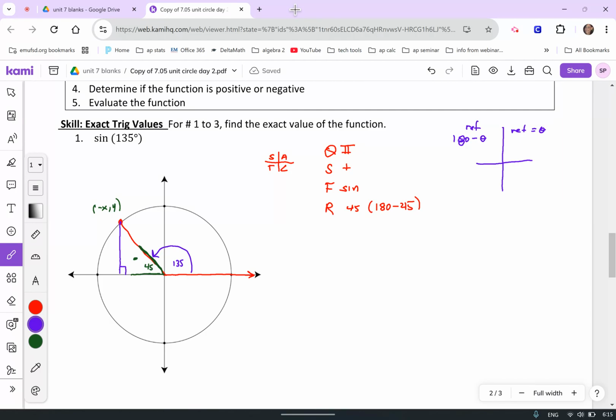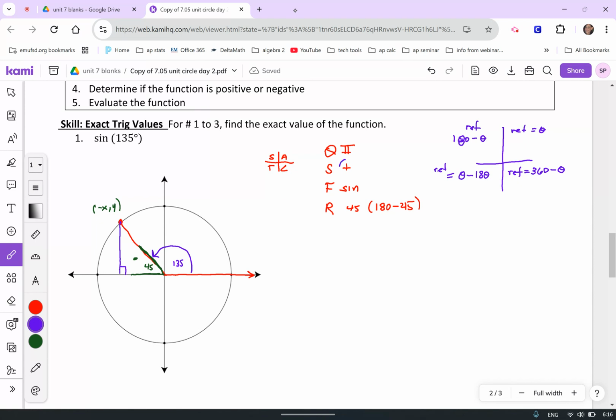If you're in quadrant 3, to get the reference angle, it's the angle minus 180. And if you're in quadrant 4, to get the reference angle, it's 360 minus the angle. So I tend to just visually look at it, but if that doesn't work for you, just memorize the chart.